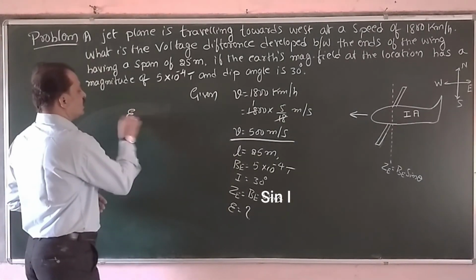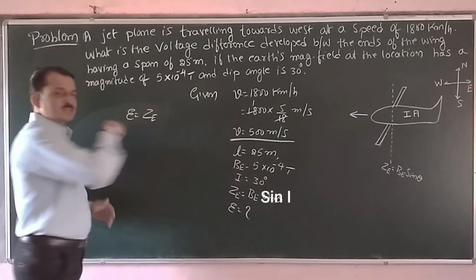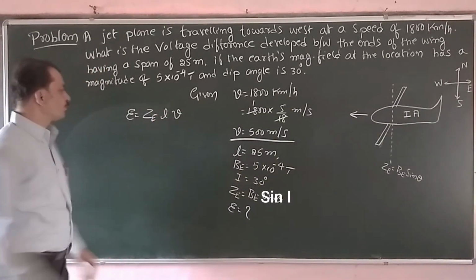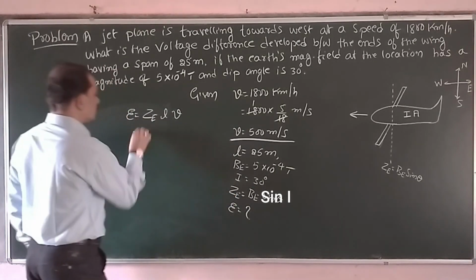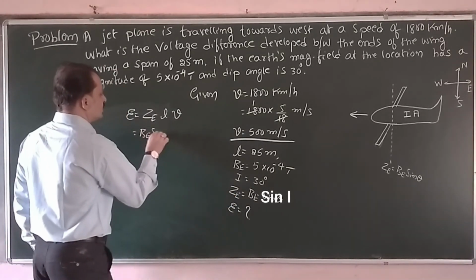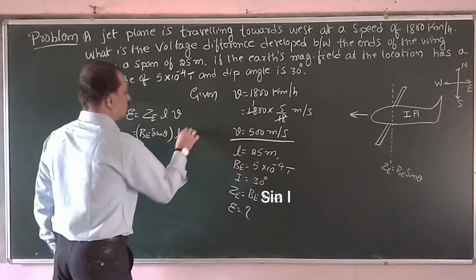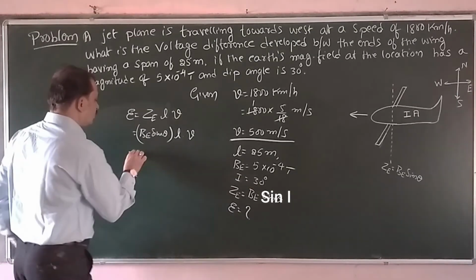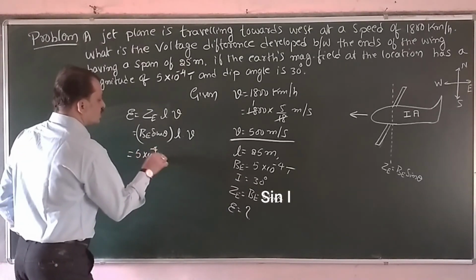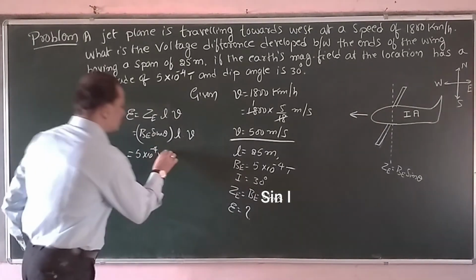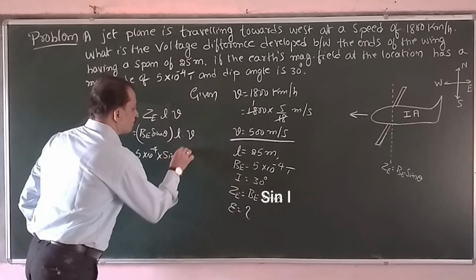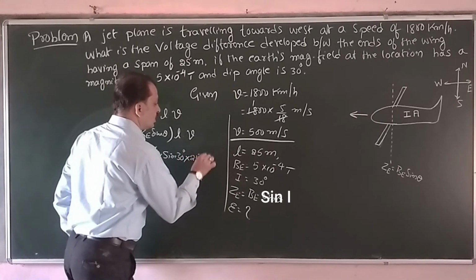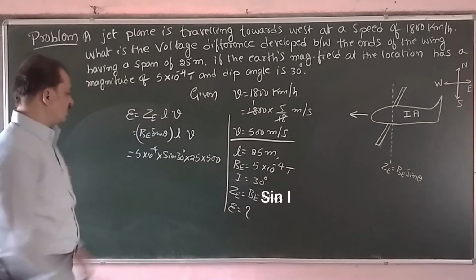Therefore, the EMF developed is the vertical component of the Earth's magnetic field into L into V. Now the vertical component is BE into sin theta, into L into V. So BE is given 5 into 10 raised to minus 4 into sin 30, and length is 25 meters and the speed is 500.